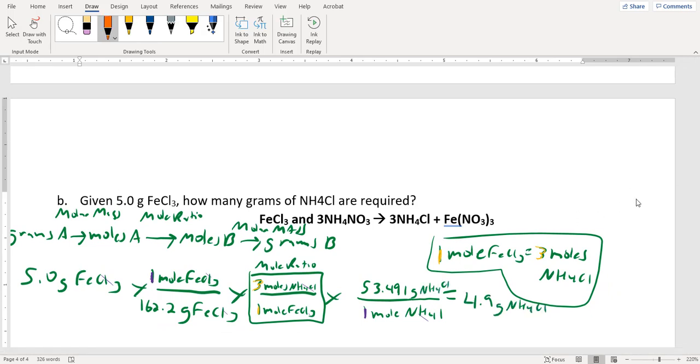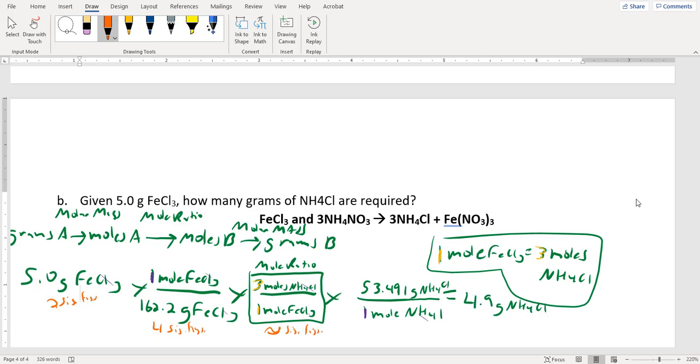And my final answer is 4.9 grams of ammonium chloride. So sig figs matter. Starting value, always you count the sig figs, so 2 sig figs. You count the molar mass sig figs, so there'd be 4 sig figs. Mole ratio is non-measured, so that has infinite sig figs.